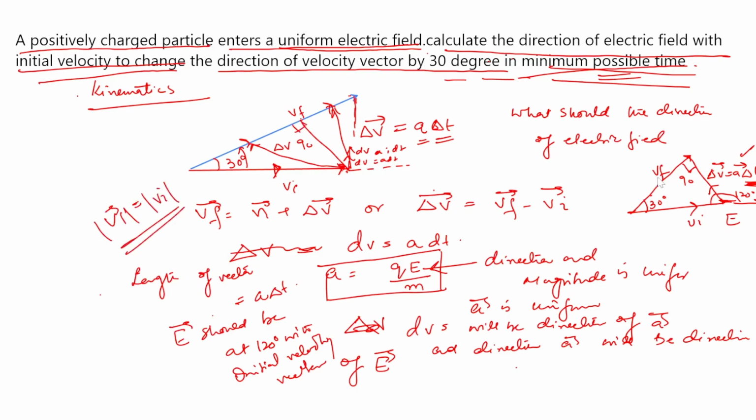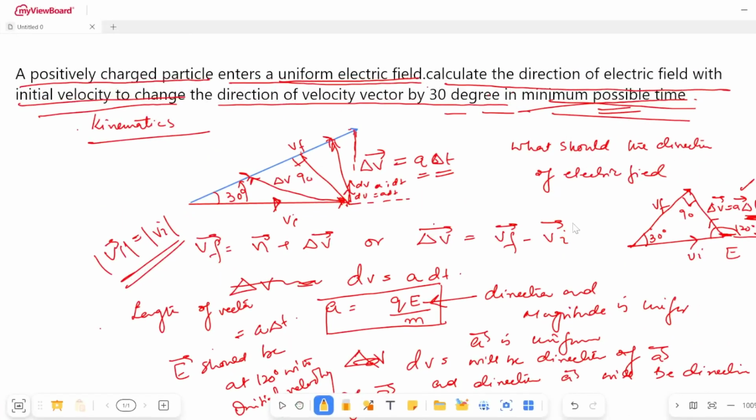Here you can see that Vf is less than Vi, because the component of E is acting in this direction, which is reducing the velocity from what it was initially. Hope you understand this well.